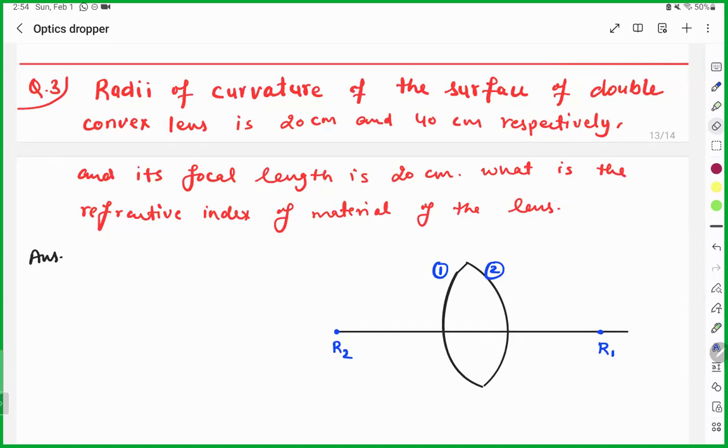Sarah got the answer. 5/3. 5/3, both of them.